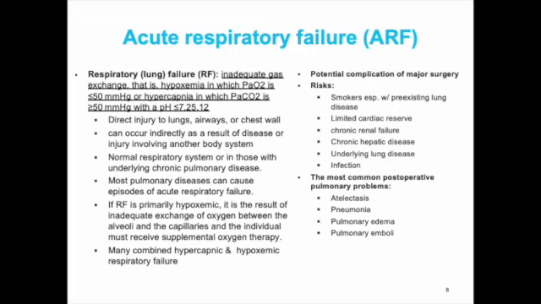Incentive spirometer really does give the patient immediate feedback on how much tidal volume they have, and it encourages them to breathe deeper, which we're trying to have them do so that we can move the accumulation of secretions and prevent atelectasis from happening. Supplemental oxygen can also be given if you're seeing signs of hypoxemia, and antibiotics as well if you think that there is a high risk for pneumonia to treat that bacterial infection.